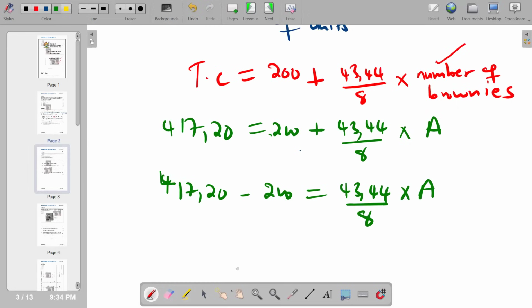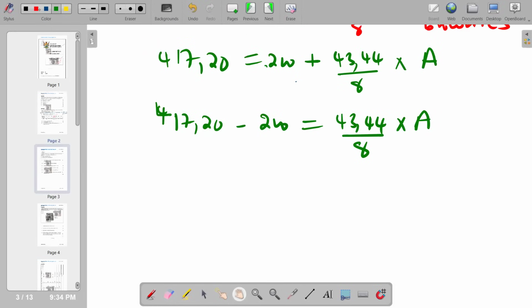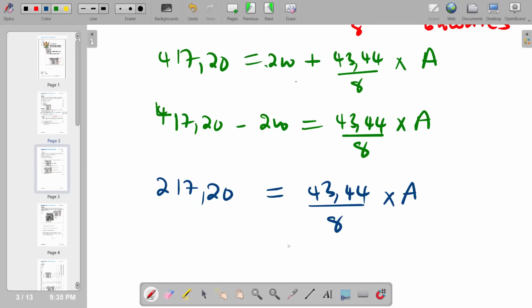Doing that, it becomes 217 Rand 20 cents equal to 43 Rand 44 over 8 times A. Then we multiply by 8 over 43.44 to take it to the other side.